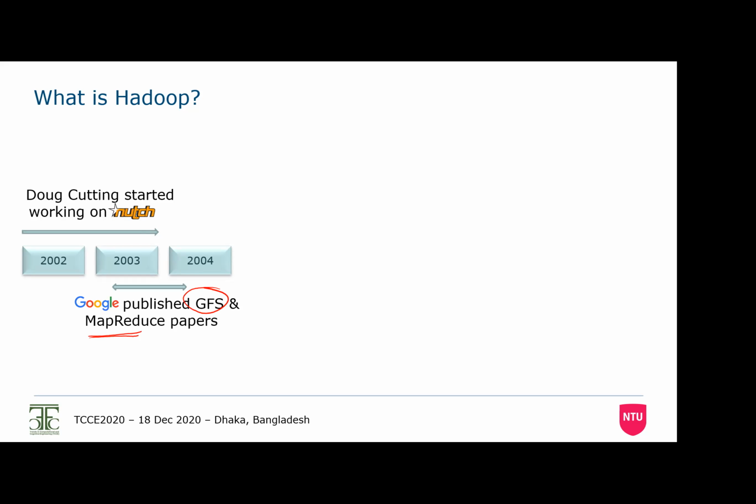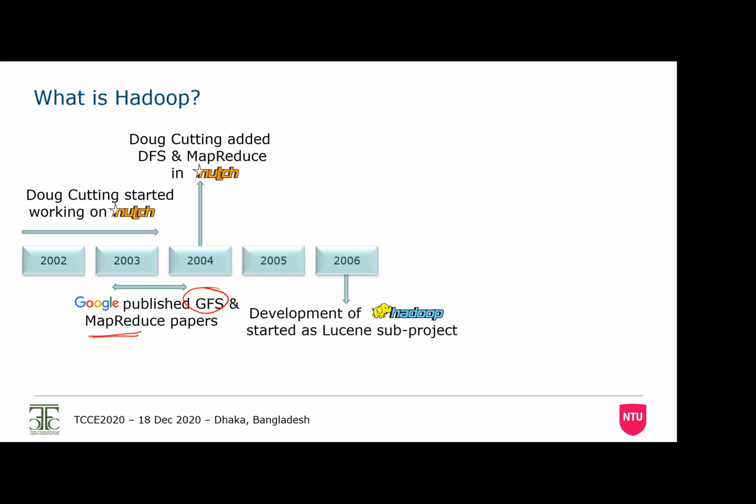These are the research papers that they published in 2003 and 2004. Then Doug Cutting added a distributed file system, similar to the one published by Google, called Google File System, and MapReduce into the Nutch project. Then at the end of 2006, Hadoop, as a project separate from Lucene, was actually started.